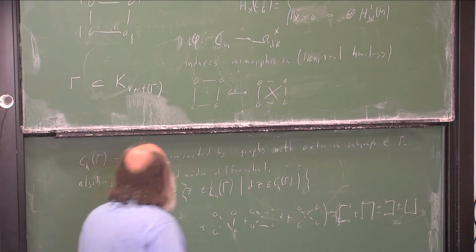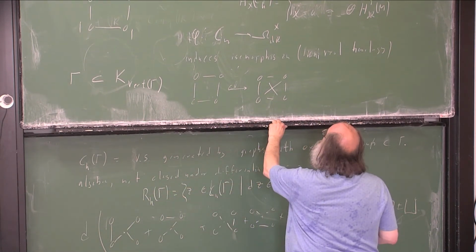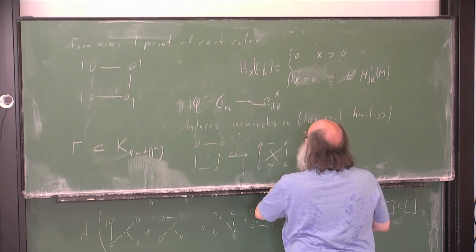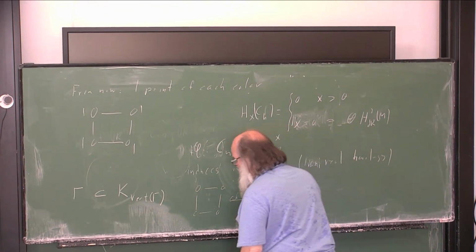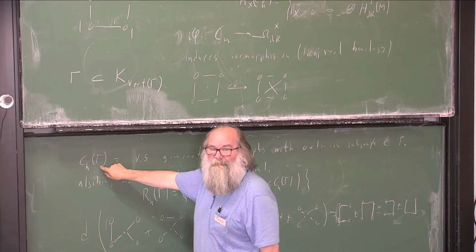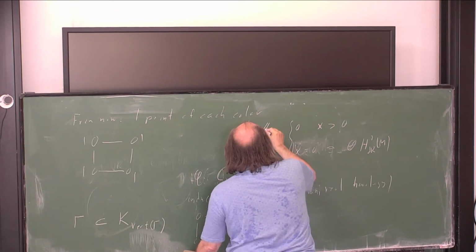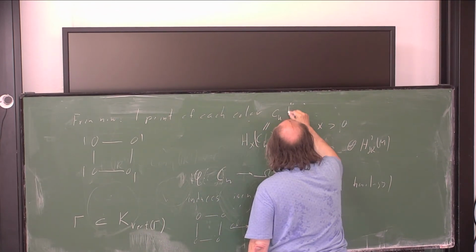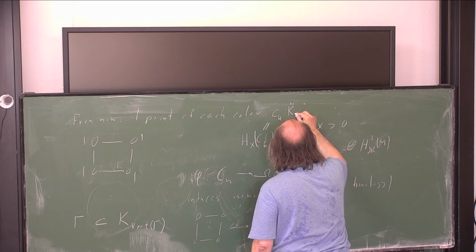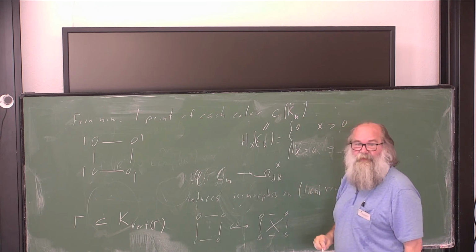Okay, but then there's a statement about the homology of CK. So there are two things here. This CK here is the original one defined by Kontsevich, which should be C of a complete graph on K vertices.